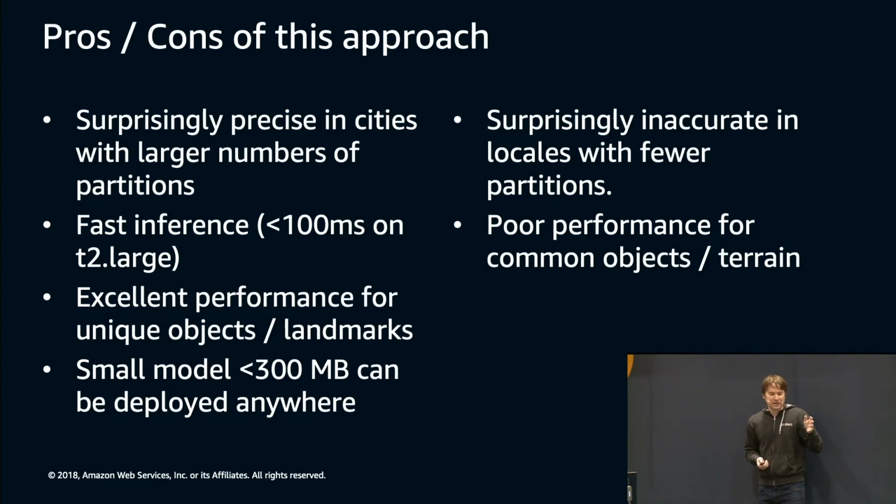Cool little notes here. It is quite inaccurate in places that have no partitions. So if you take a picture in the middle of the Pacific Ocean, it's going to have one prediction over here, one prediction over there, and it's going to say, okay, I have no idea. One of the ongoing areas of research here is within Google, they've built something called an LSTM, which is long short-term memory.